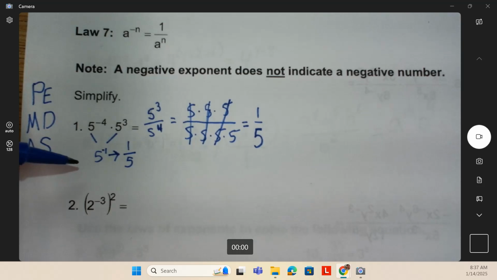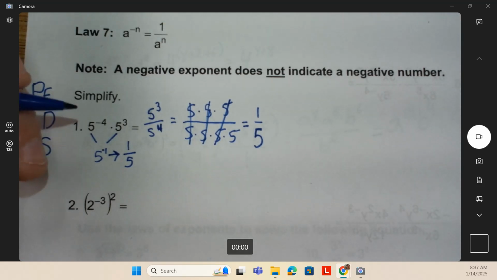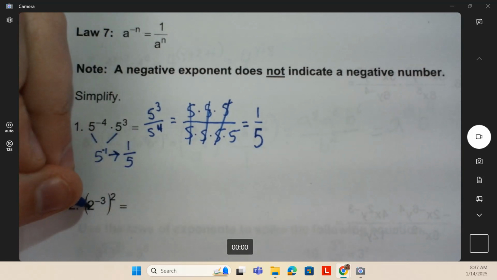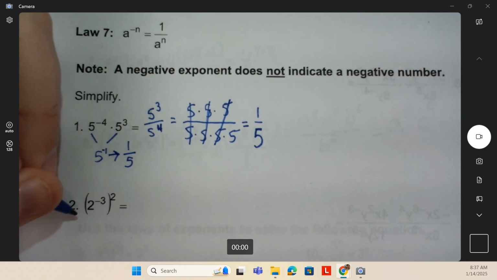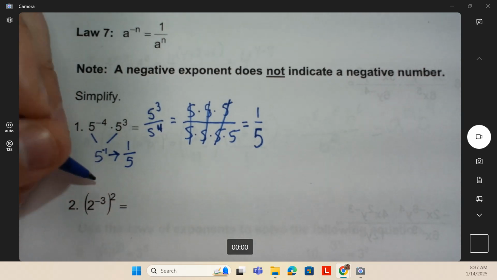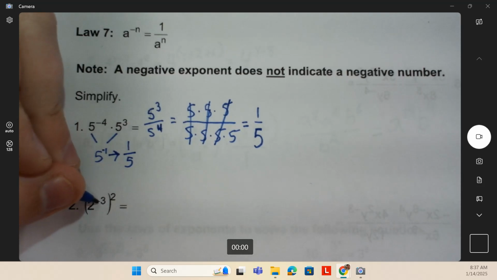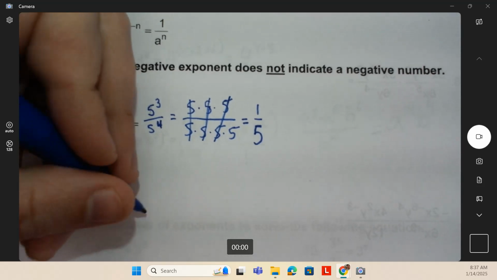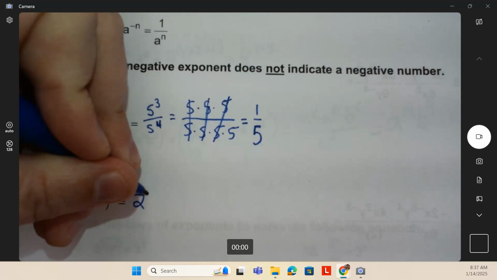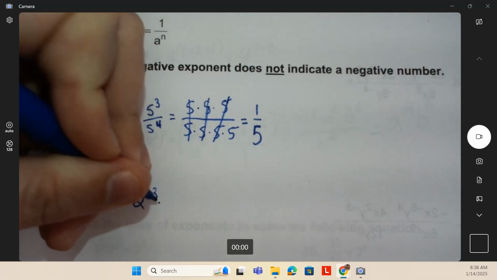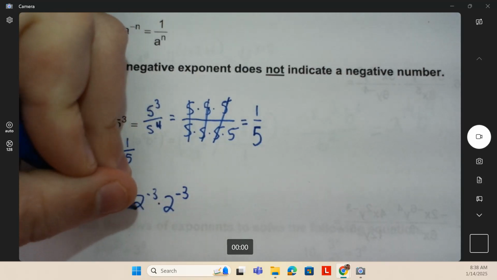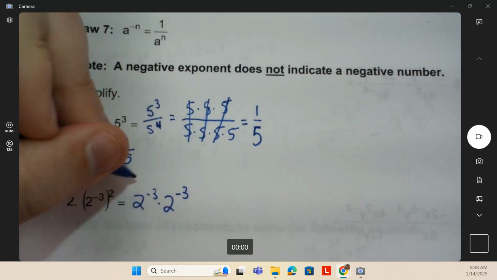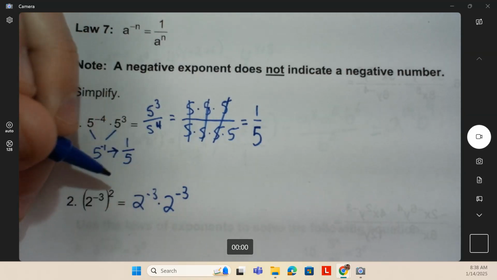And the reason those multiply together is because an exponent is something to a power, meaning I multiply it together that many times. So if I have 2 to the negative third to the second power, really that's just saying I'm doing 2 to the negative third times 2 to the negative third. And so multiplication would take it to addition, and I'd add those together.